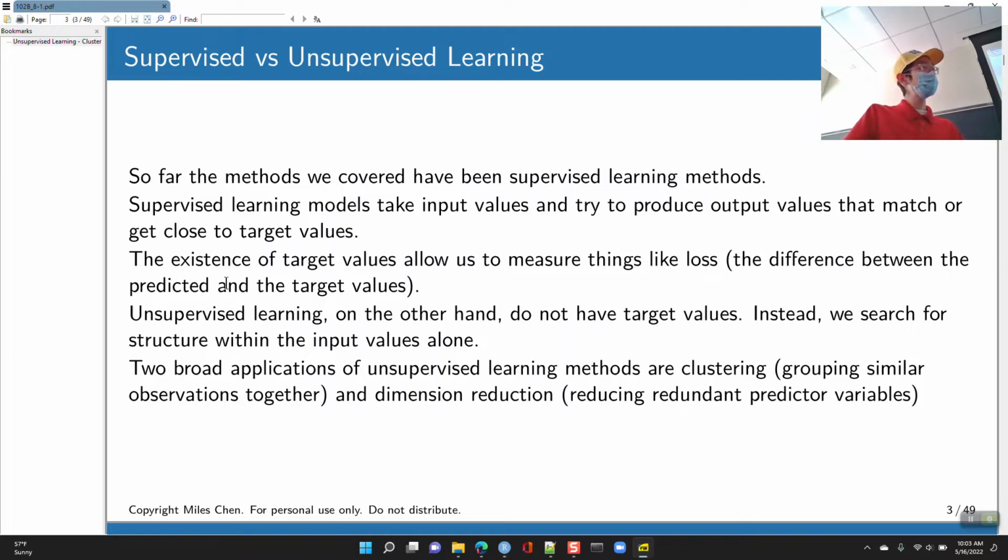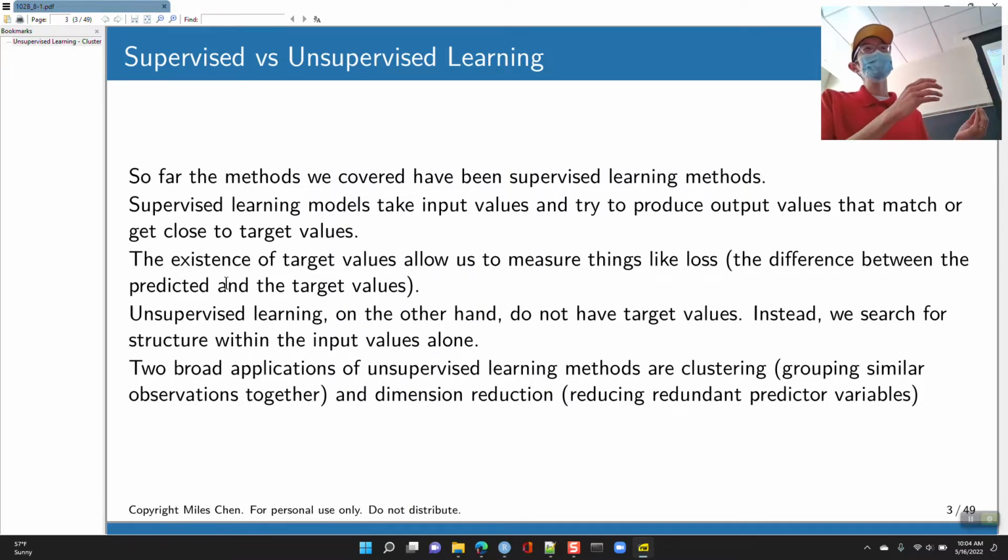Supervised learning means you've got input values, and then you do something with them and you get some kind of output, right? You have a classification or a value. And it's supervised because your training data has an answer and you're trying to match that answer.